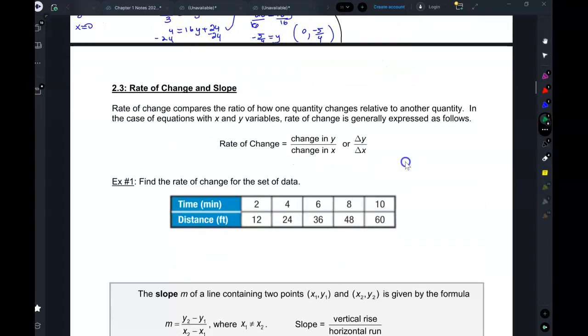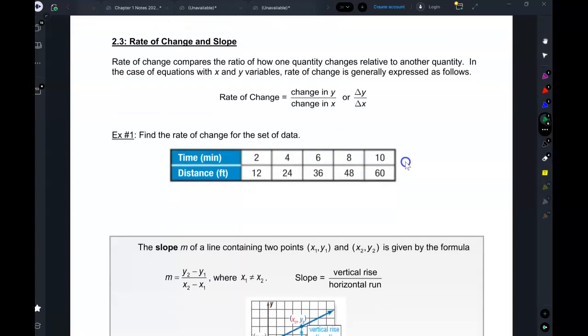Okay, so let's talk about rate of change. Rate of change is basically a ratio of how one thing changes based on the change of another quantity.